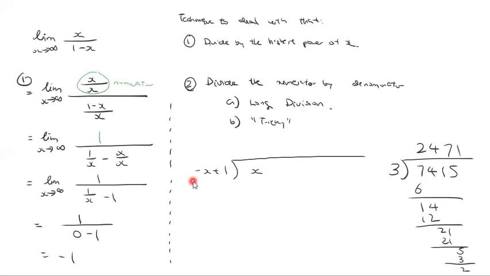Now, let me show you long division with a more complicated one, because otherwise you might not see how it relates. So let's say I want to work out x cubed minus 2x squared plus 4x minus 7 divided by x minus 1, right?